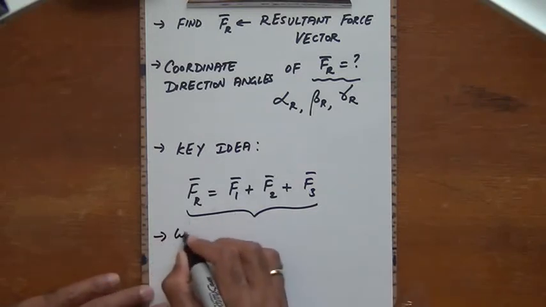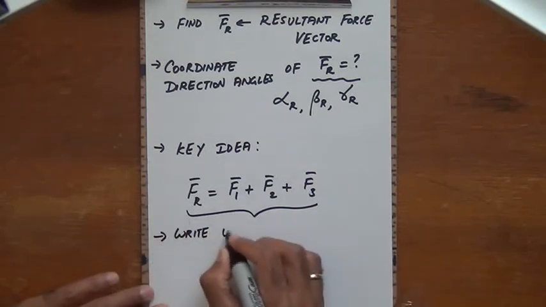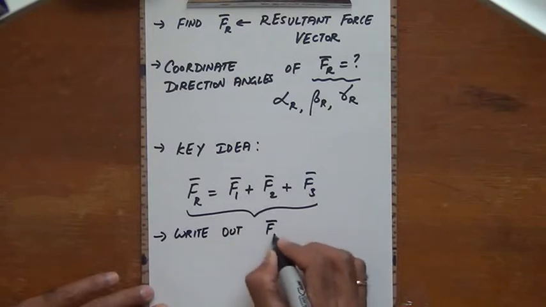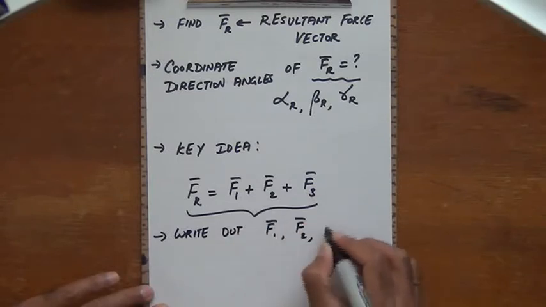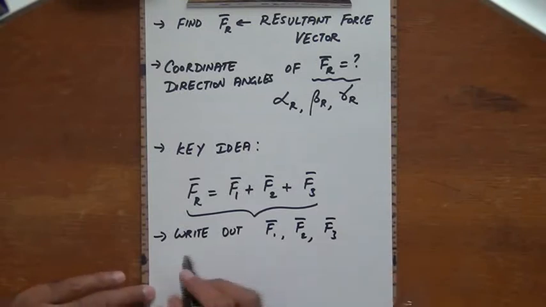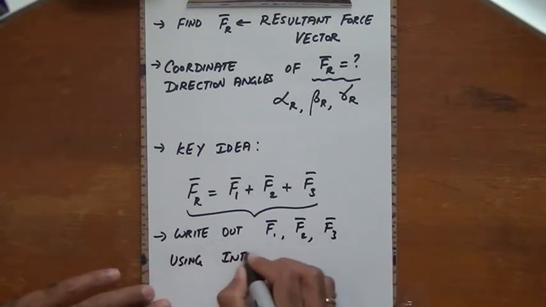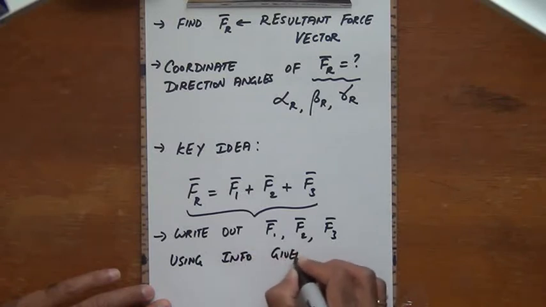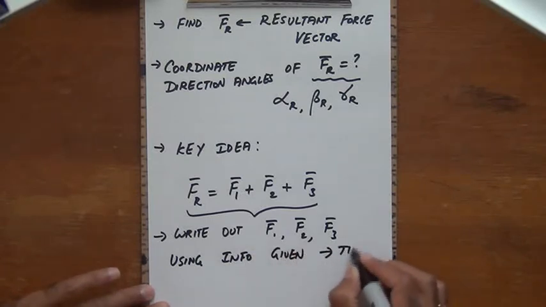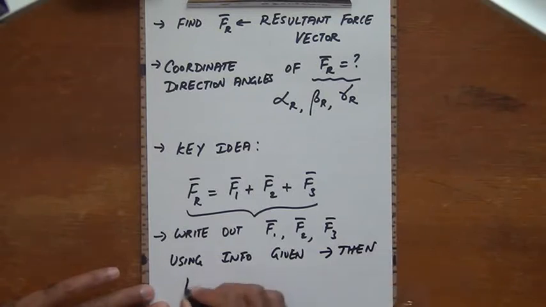So write out F1, F2, F3 using the information given, and then find Fr.